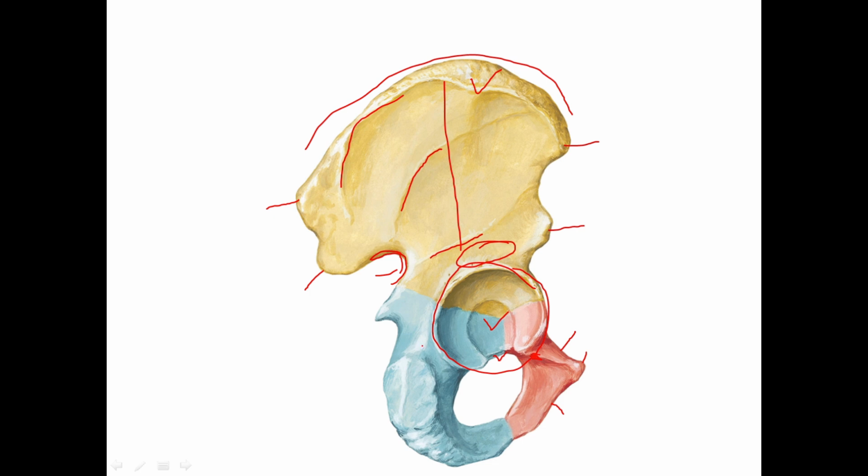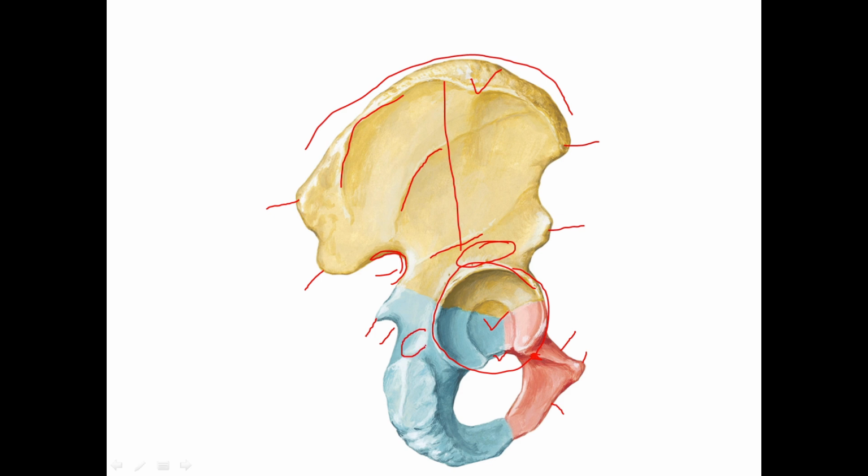Now we come to the ischium bone. On the ischium, very prominently here is one spine, which we call the ischial spine, and below the ischial spine we have the lesser sciatic notch.